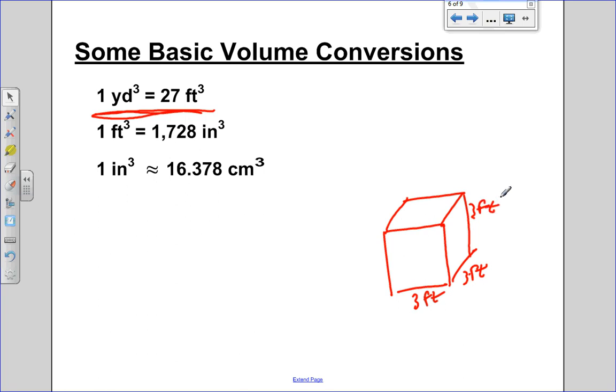And the cubic yard is something that shows up in construction a lot for you manufacturing people. And as it turns out, if you multiply 3 times 3 times 3, you get a total of 27 cubic feet. So this is an important conversion factor. A cubic yard has 27 cubic feet in it.